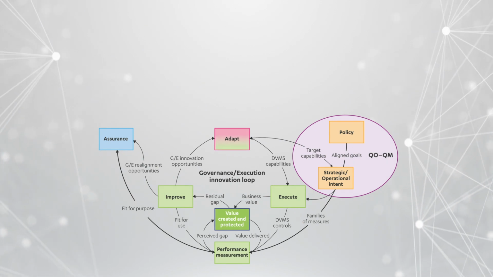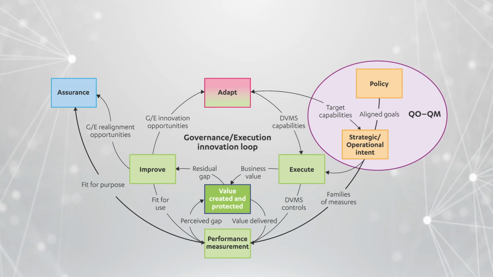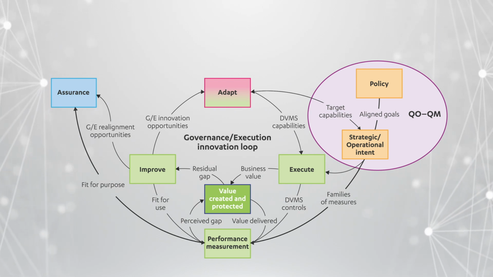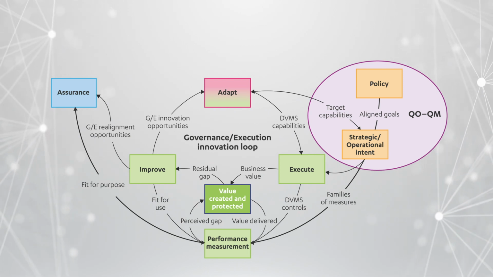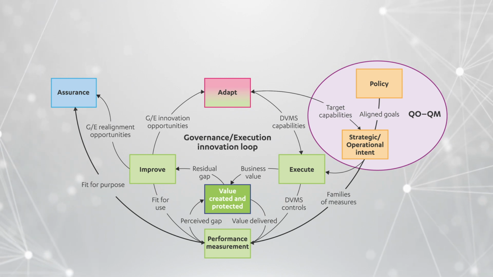The last piece, and perhaps the most important from the organization's perspective, is how do we then execute and deliver on these digital business capabilities? How do we ensure value is delivered and protected?